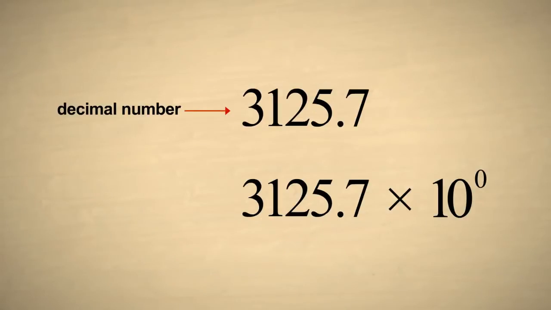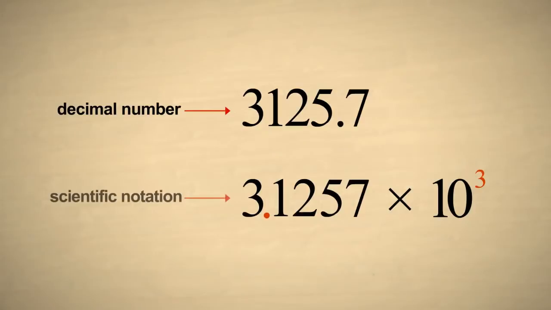In this example, we will need to move the decimal point 3 columns to the left. For each column we move the decimal point, we must increase the exponent of the multiplier to compensate for the fact that we have decreased the value of the number by 1/10. The number's value is unchanged, and it is now written in scientific notation.